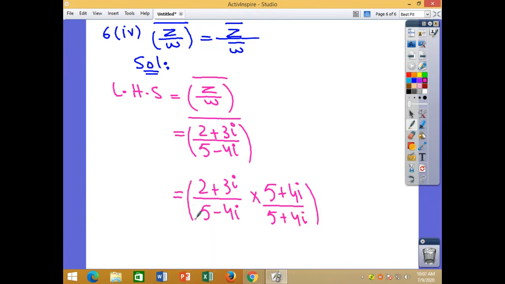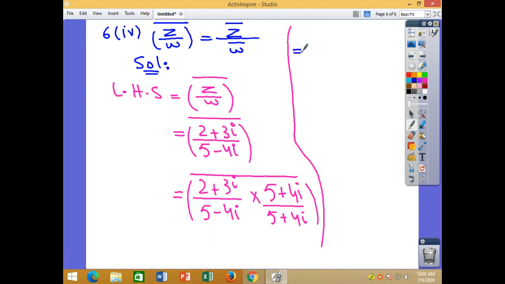This process is called the rationalization process. In the rationalization process, we multiply and divide by the conjugate of the denominator. Now we multiply it here for our simplification.